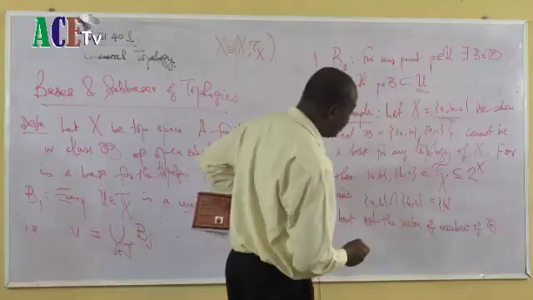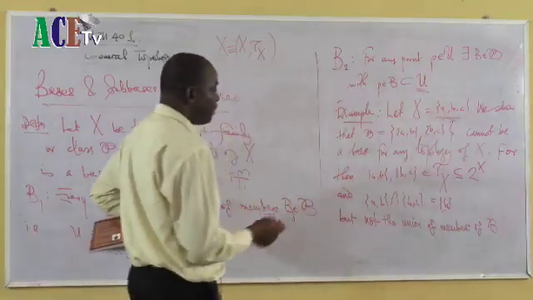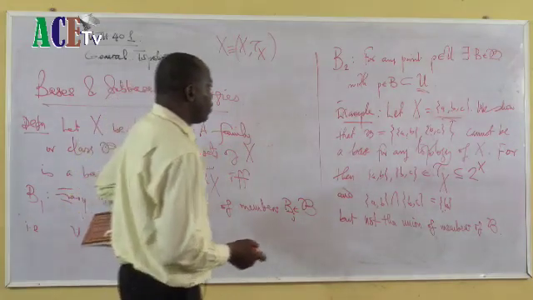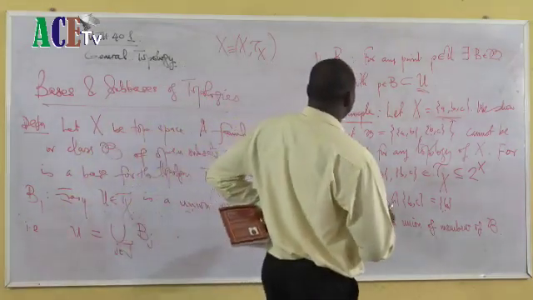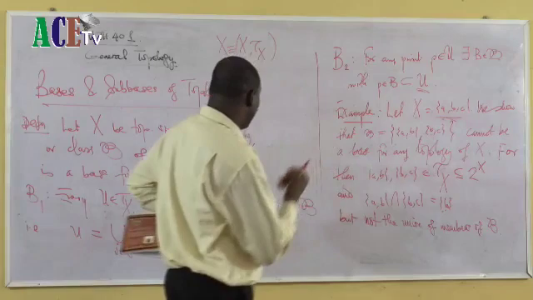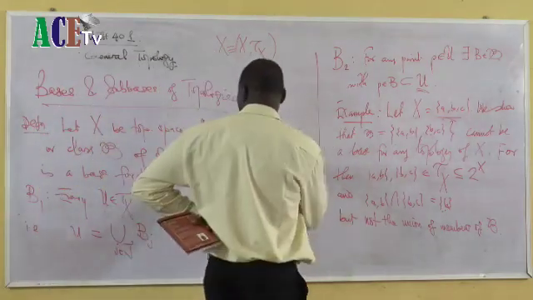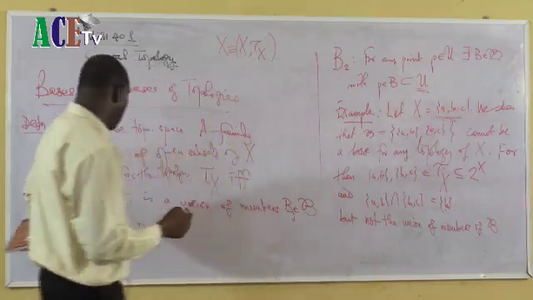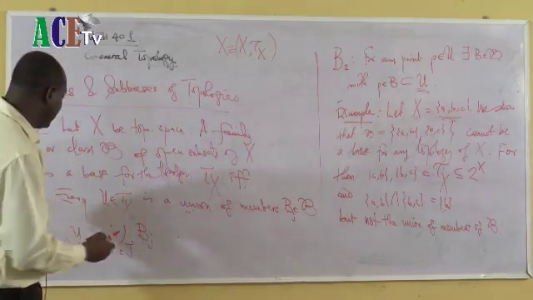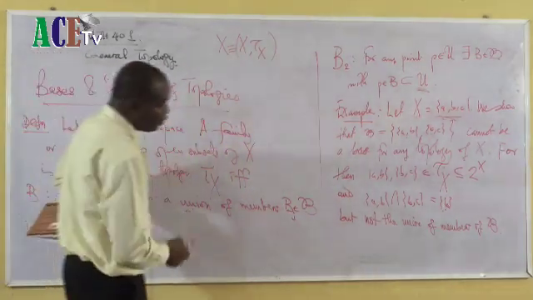So A can be a limit point. But we are not using the limit point in this definition of a base. What we are simply using is these two axioms of definition.